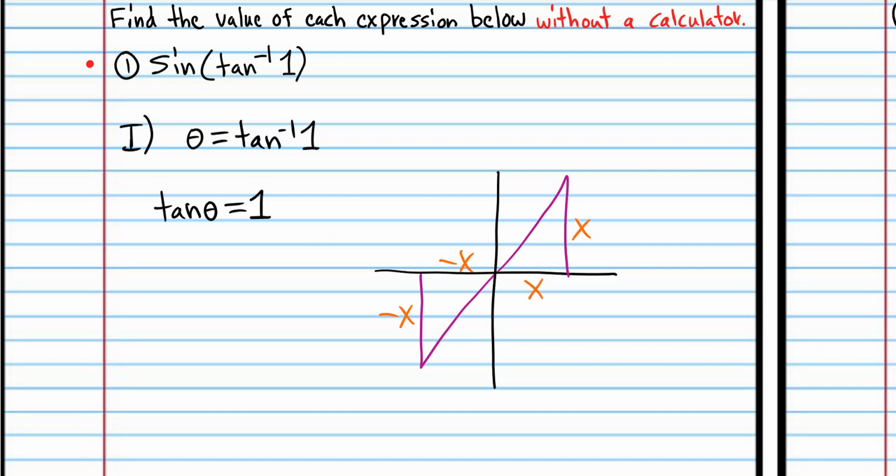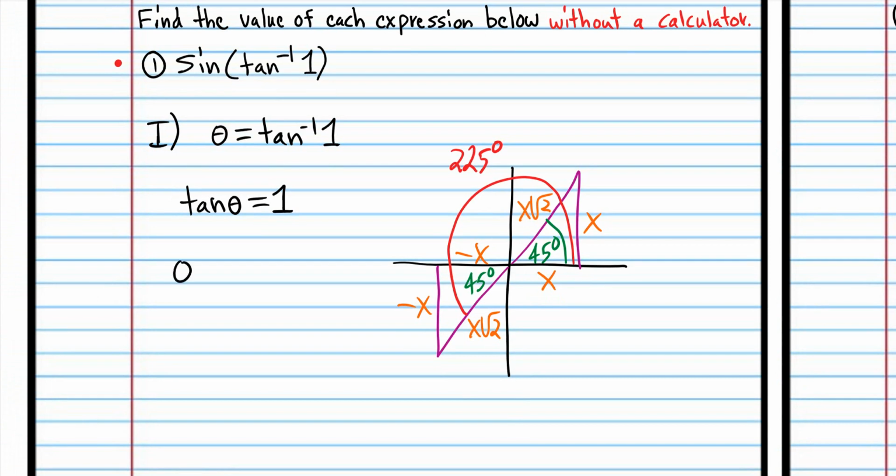And I know that the triangles are in quadrant 1 and 3 because x divided by x is positive 1, and negative x divided by negative x is also positive 1. And because these are 45, 45, 90 degree triangles, I know the reference angles are 45 degrees. So one possible angle is 45 degrees, another possible angle is 225 degrees.